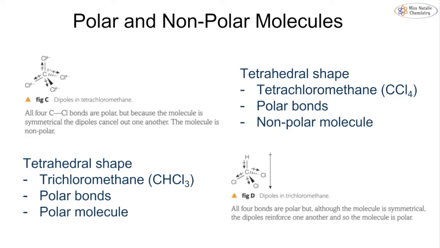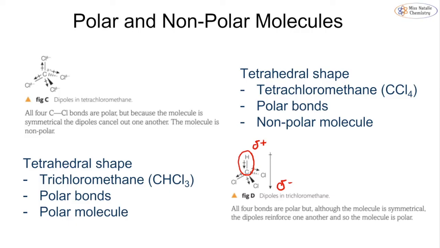However, if we take the same tetrahedral shape, but this time we change it to trichloromethane, we're going to get a slight difference here. So again, we still have polar bonds because the carbon and the chlorine are going to have a difference in electronegativity. But what we see here for the carbon-hydrogen bond is that the electrons are pulled more closely to the carbon, meaning there is a lot of negative charge at the bottom of the molecule as opposed to the top, because at the top this is delta positive, whereas at the bottom this is delta negative because all the chlorines pull all of the electrons closer.